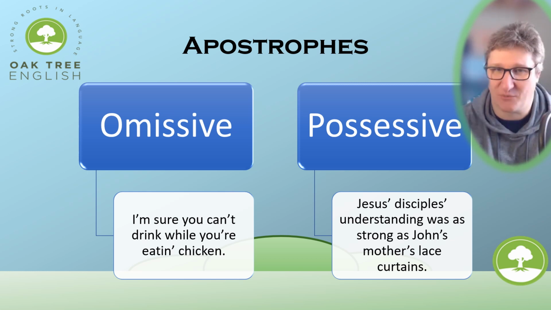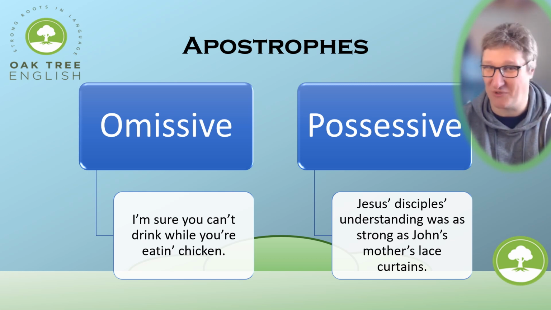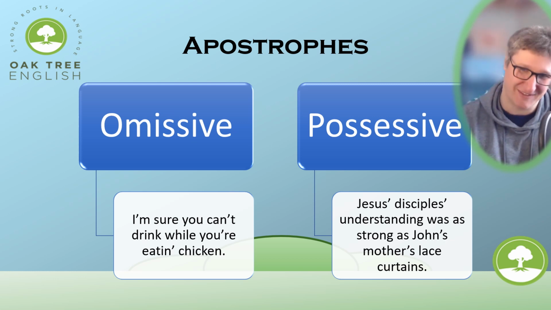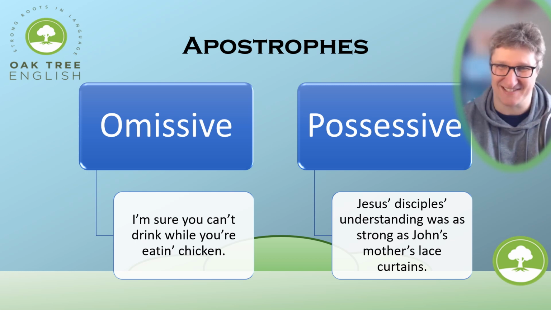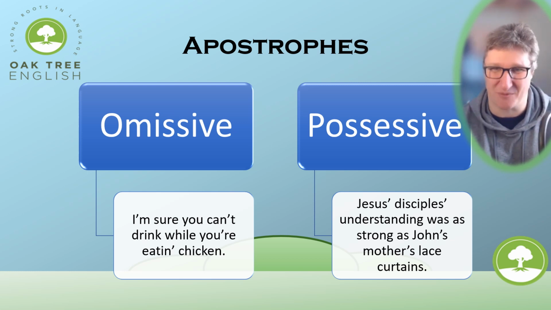Here's a sentence with possessive apostrophes. Watch what happens here. Jesus's disciples' understanding was as strong as John's mother's lace curtains. Don't get into the theology of this yet. I'm talking at a point before the resurrection when Jesus' disciples didn't really understand what was going on.